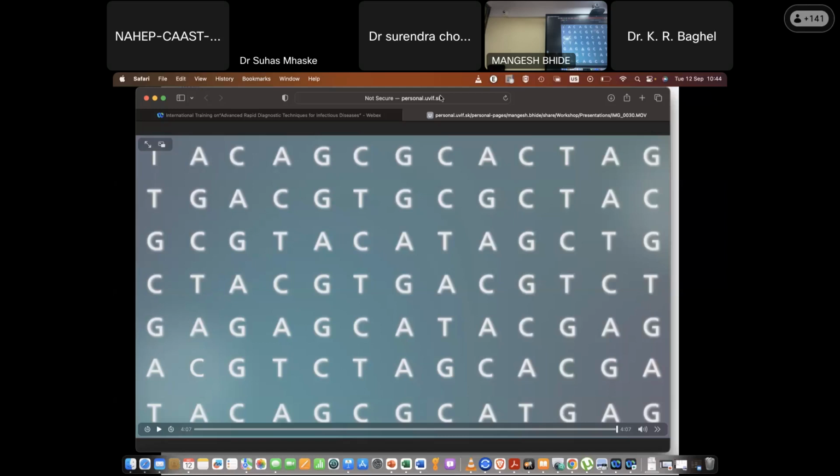Sometimes there are different primers for one organism only, like multiplex PCR, or different genes for one pathogen.